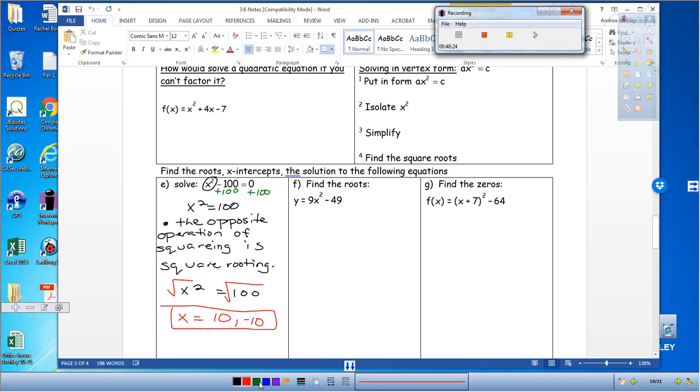Okay, next one we're going to do the same thing. We need to get that x squared by itself. We're going to set it equal to 0, because when we solve, we always set it equal to 0, because we're looking for the x-intercept. You need to add 49 to both sides, and I get 49 equals 9x squared.